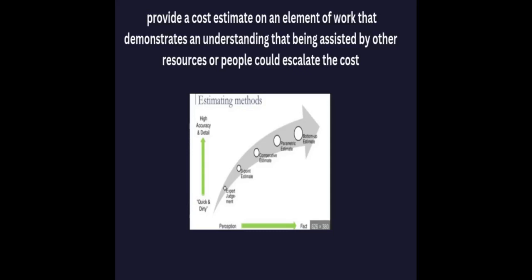Provide an estimate on an element of work that demonstrates an understanding that being associated by other resources or people could escalate the cost. So here's a graph on an estimation method that shows the escalation of the cost.